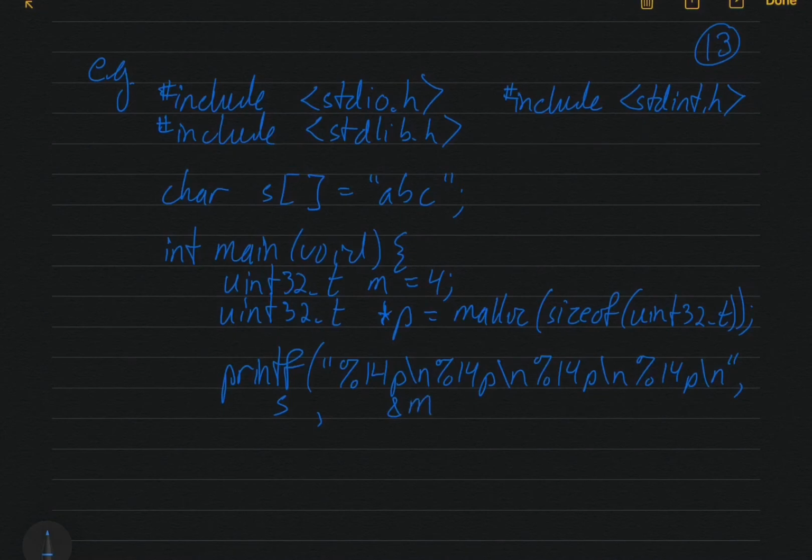I'm going to pass it the address of m, so that we can figure out where m is being stored. I'm going to pass it the address of p so we can see where p is being stored, and the contents of p, which is where the dynamic memory is coming from, which you should know.